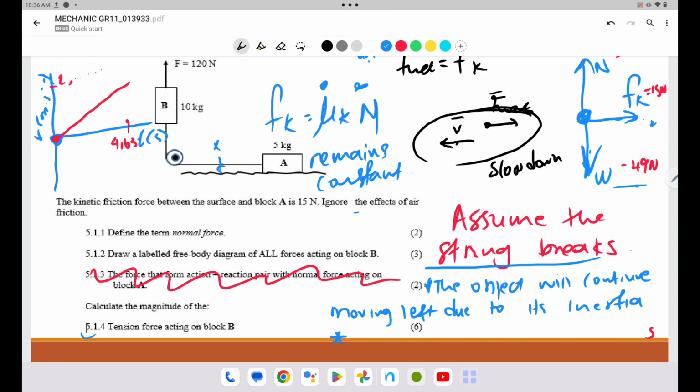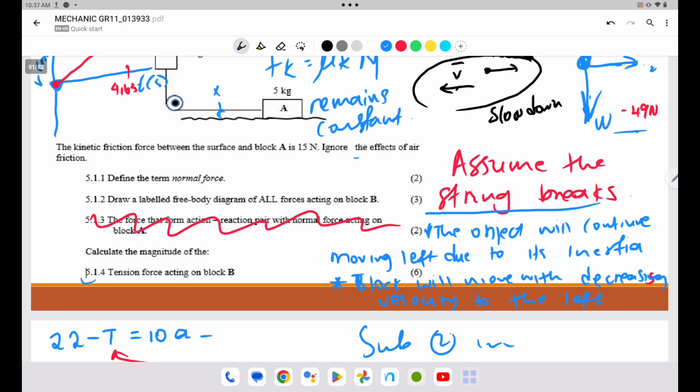Point number two, what we have seen is block A will move with decreasing velocity to the left, and then after a long time, what is going to happen?